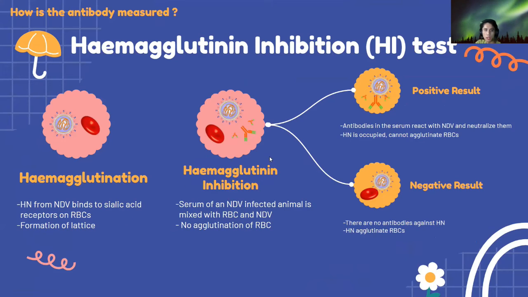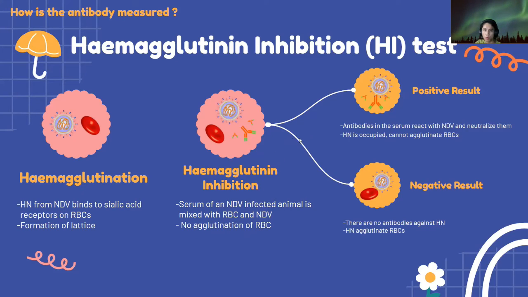Basically, in the hemagglutination inhibition test, the serum of the Newcastle disease virus infected animal is mixed with the RBC and Newcastle disease virus itself, and there will be no agglutination of the RBC.